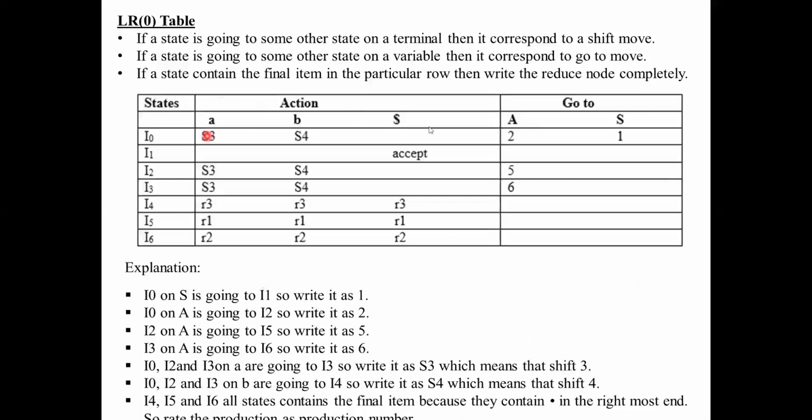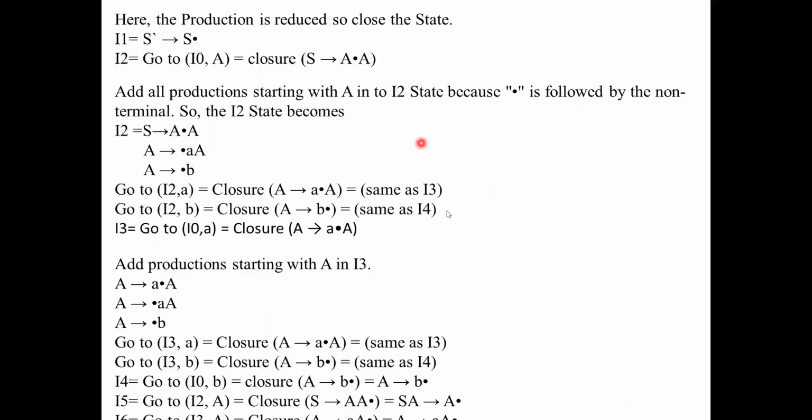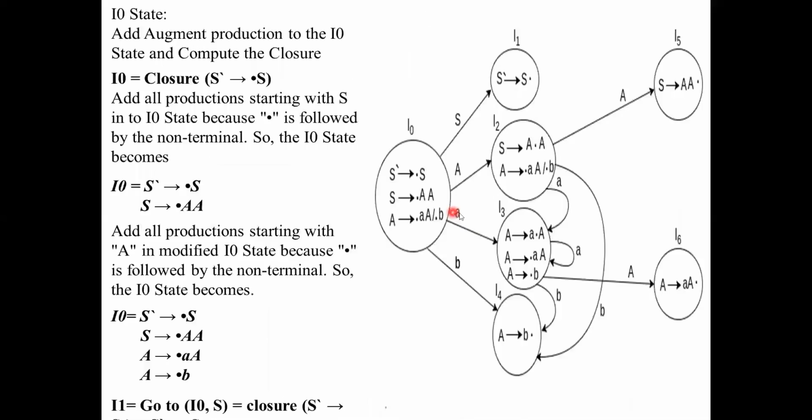In the terminal part we use the keyword action, and in the non-terminal part we use the keyword go to. Now the next step: for the I0 state, here is how to fill these things. For I0, first we focus on the terminal parts. So on small a, we reach the state I3.